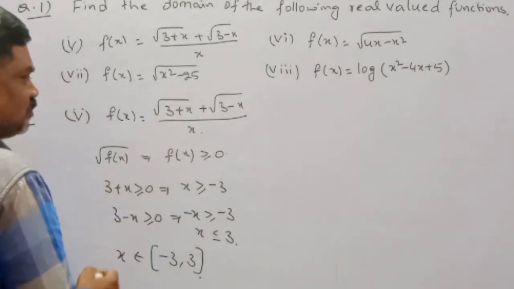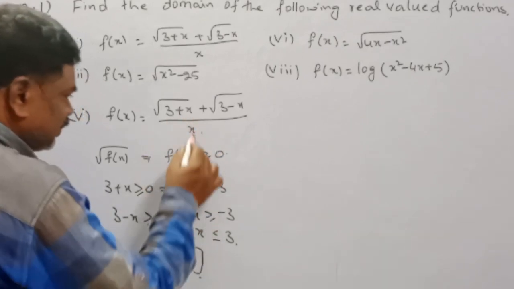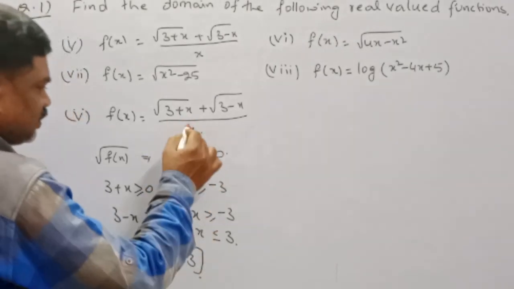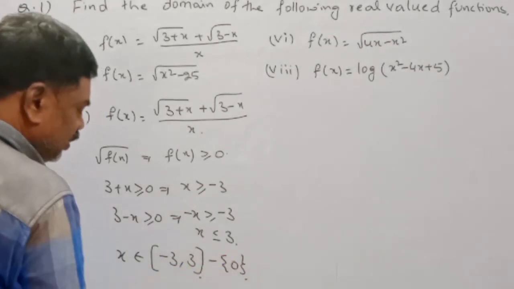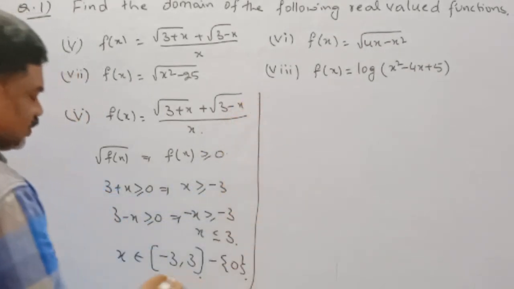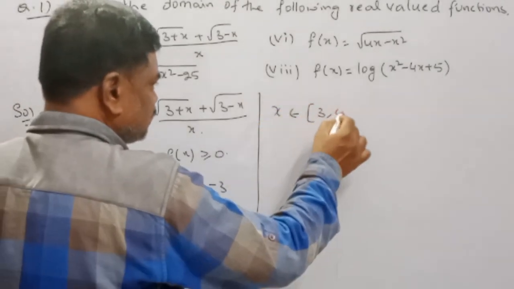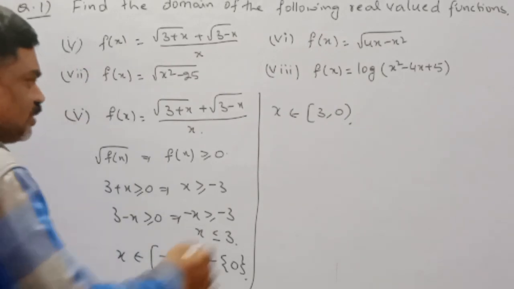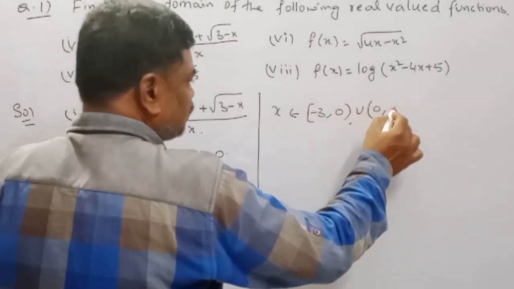If x is equal to 0, it is not defined, so this value is infinite, excluding 0. Or you can write x belongs to closed interval minus 3 to 0 union closed interval 0 to 3.